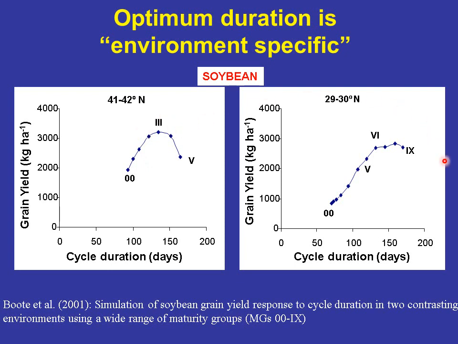The graph on the right corresponds to a mid-latitude environment, representative, for example, of Gainesville, Florida. In this environment, grain yield is maximized with cycle durations of at least 130 days, which are obtained with maturity groups between 6 and 9. Evidently, knowledge of growth cycle and its variation across environments is crucial for adapting crop management at each site.